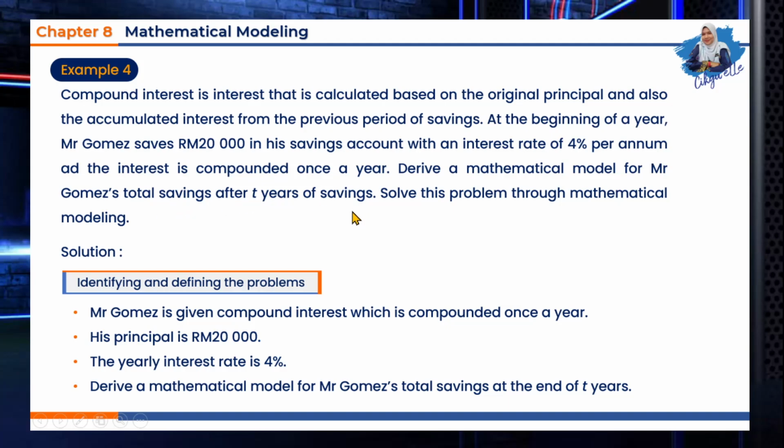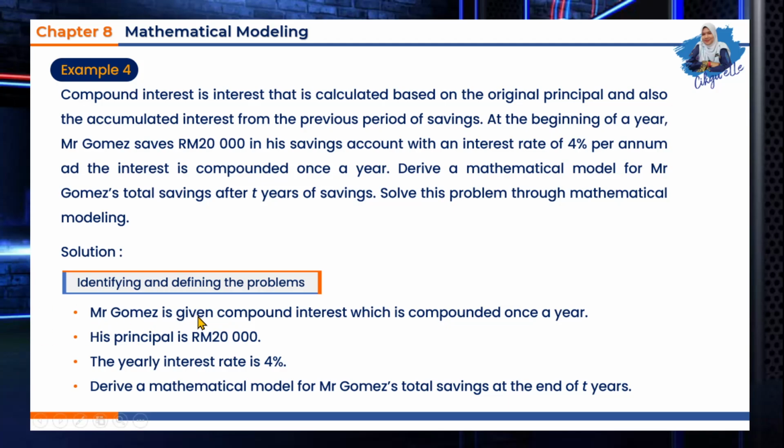So you have to make a mathematical model about Mr. Gomez's total savings for 3 years. Solve this problem through mathematical modeling. The first step is identify and define the problem. So we write all the information we have and then we define the problem.